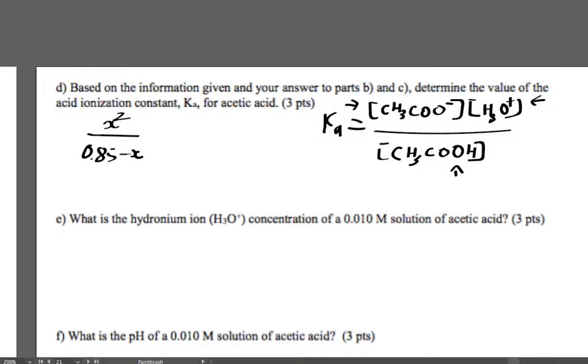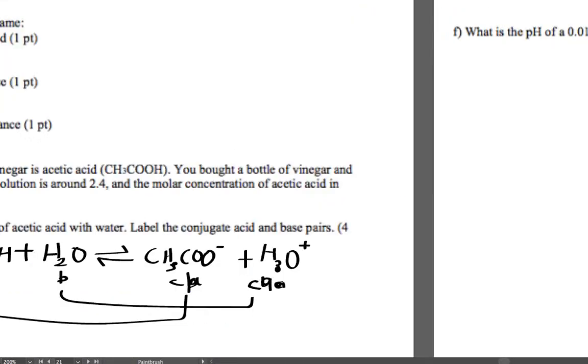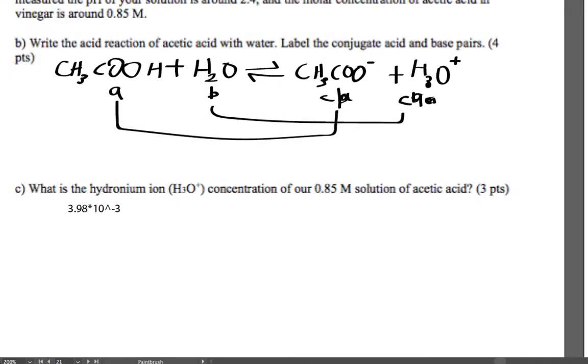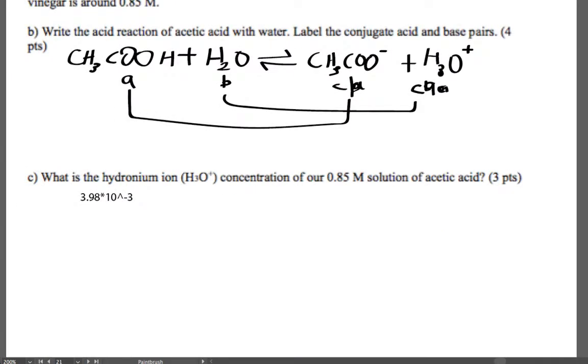This will give you your Ka, and we know what x squared is. So let's put in 3.98 times 10 to the power of negative 3, squared. Okay. Let's do that. There we go.